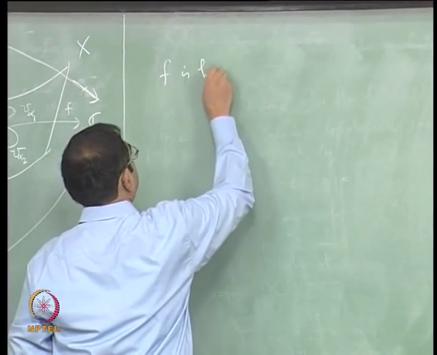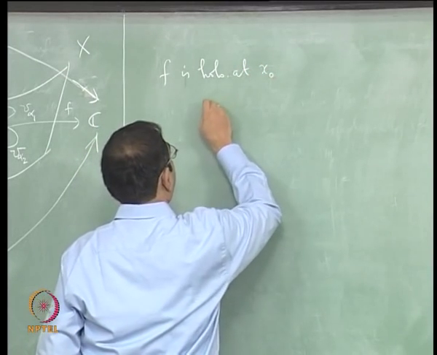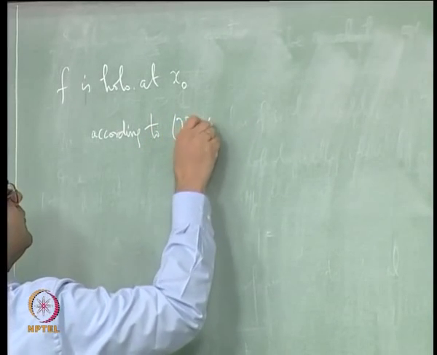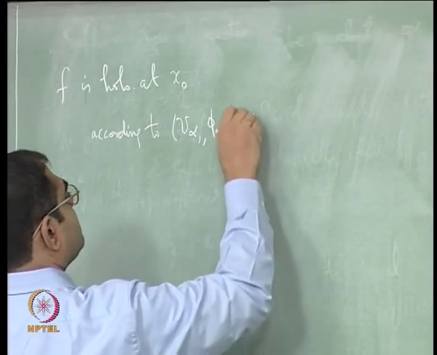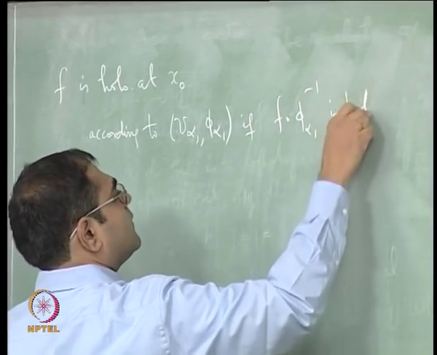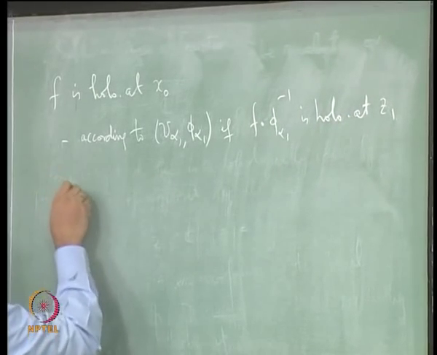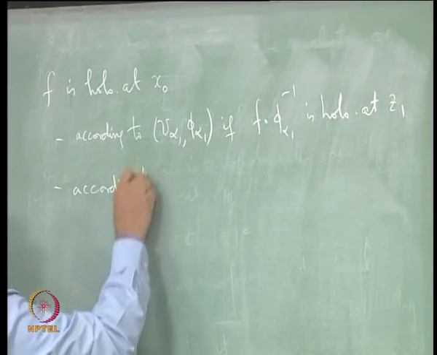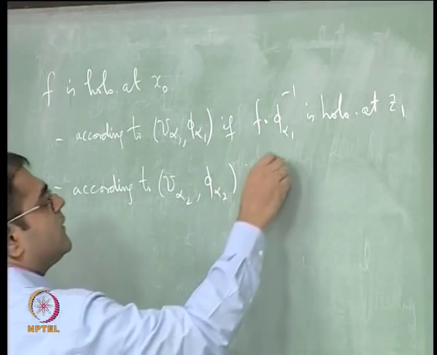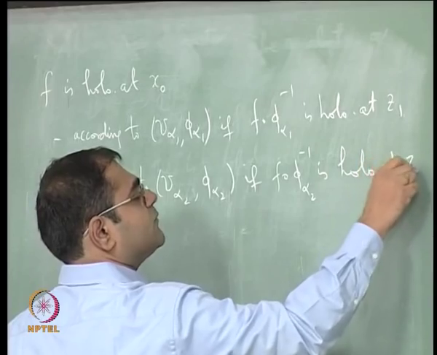F is holomorphic at x0 according to the chart (u alpha 1, phi alpha 1) if F circle phi alpha 1 inverse is holomorphic at z1, and according to (u alpha 2, phi alpha 2) if F circle phi alpha 2 inverse is holomorphic at z2.